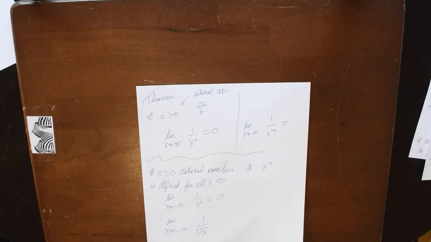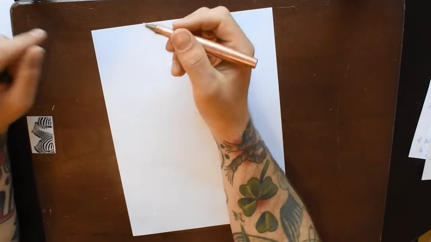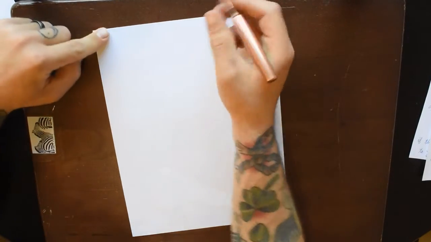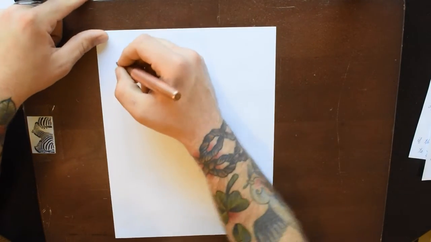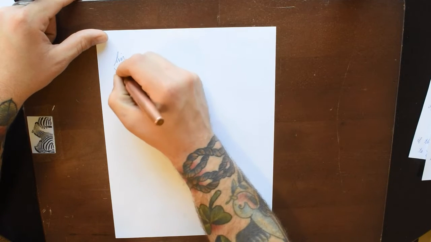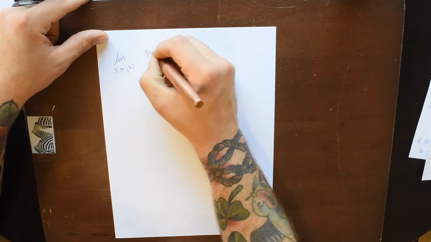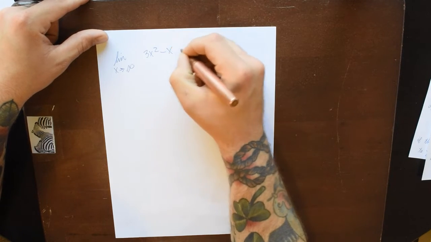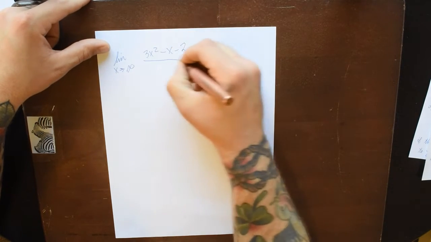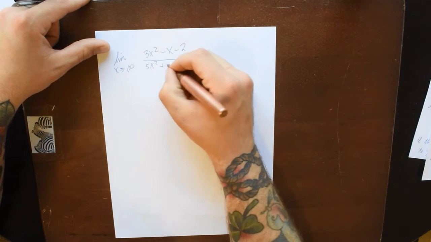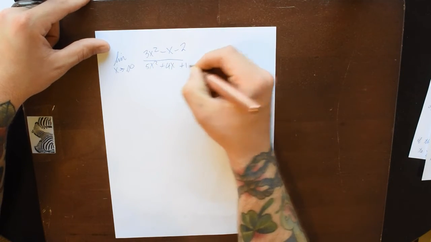So we're going to use this new theorem, our 2-part theorem, and we're going to solve some problems. This is going to be kind of our standard approach for solving these kinds of limit problems. So let's solve the limit as x increases without bound of 3x squared minus x minus 2 divided by 5x squared plus 4x plus 1.